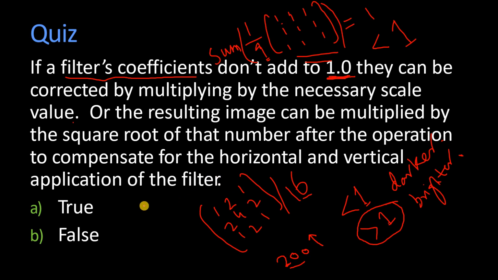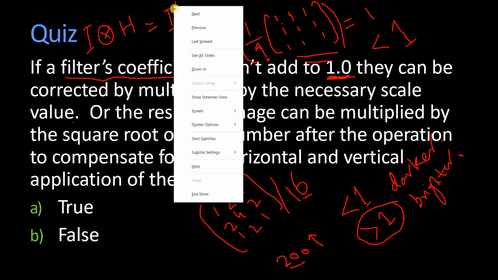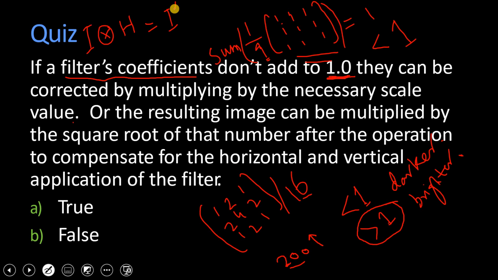What they want to say is: I have an image I correlated with my filter H, and I get some result I prime. Listen carefully. What they want to say is that this H is a bad filter. Its value is maybe less than 1.